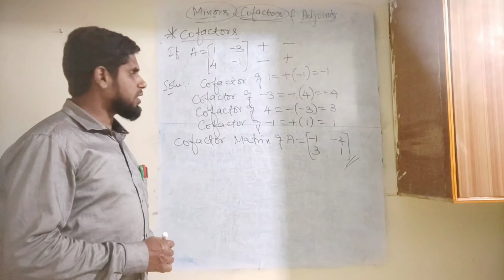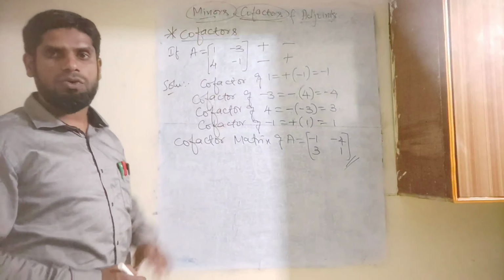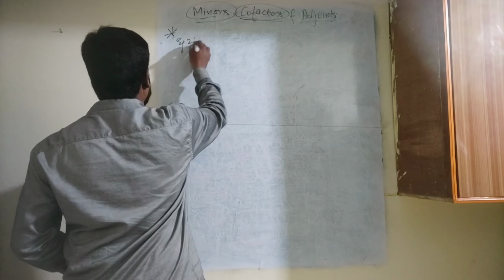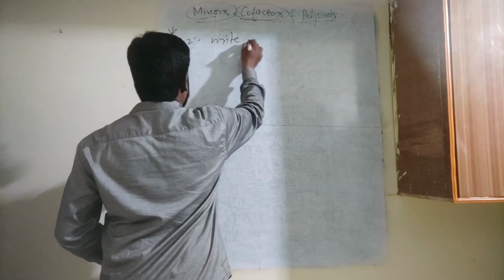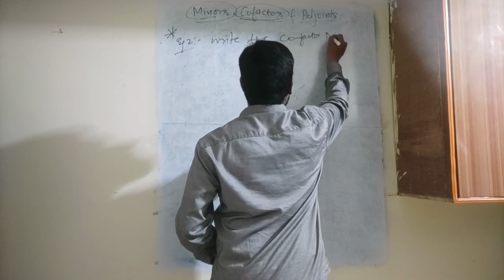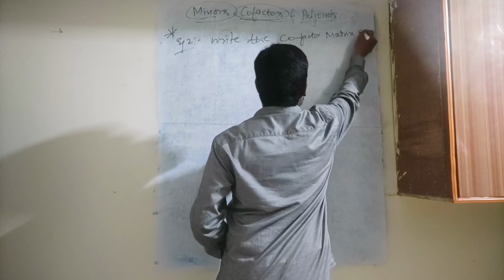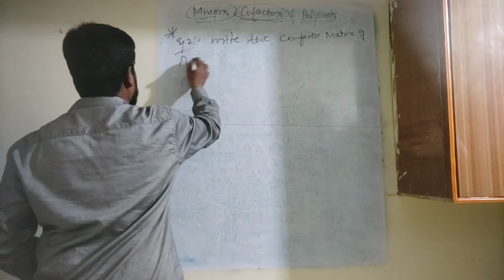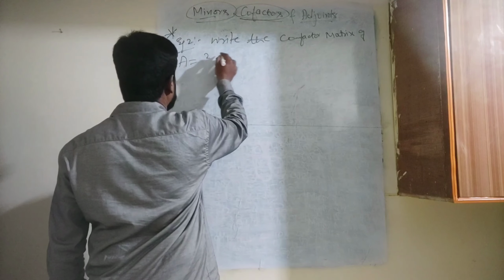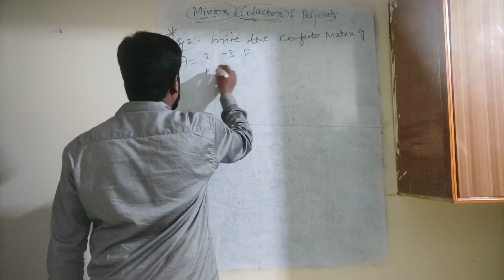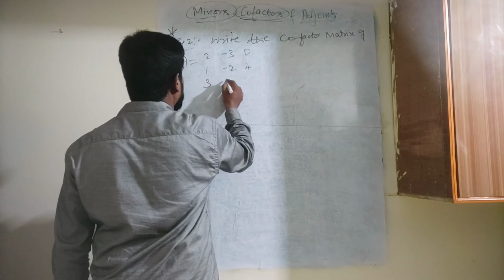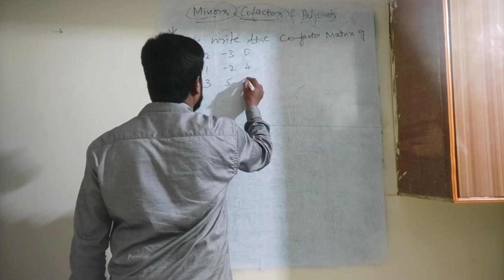Next, now let us check if it is 3 cross 3, how can we find the cofactor? Second example. Write the cofactor matrix of matrix A, which is equal to 2, -3, 0; 1, -2, 4; 3, 5, -1.